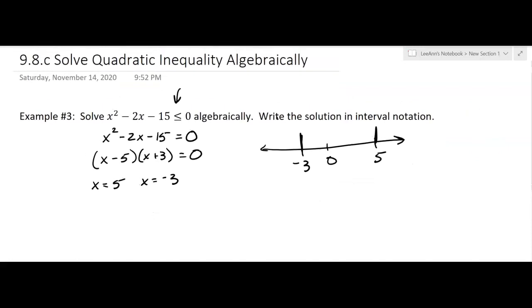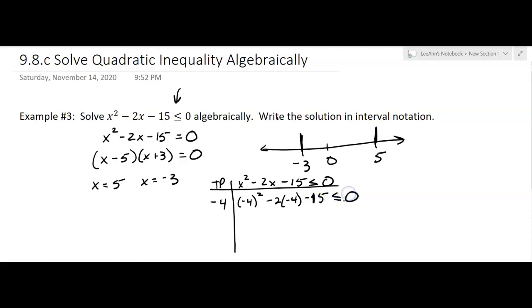So we're going to try maybe negative 4. We pick a test point, and I'm going to pick negative 4. I'm trying it in this inequality. I want to know if that's less than or equal to 0. Is negative 4 squared minus 2 times negative 4 minus 15 less than or equal to 0?